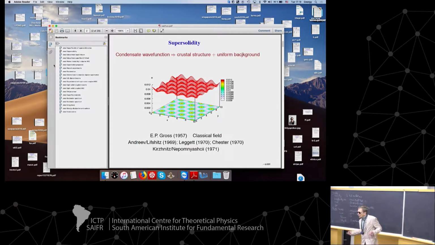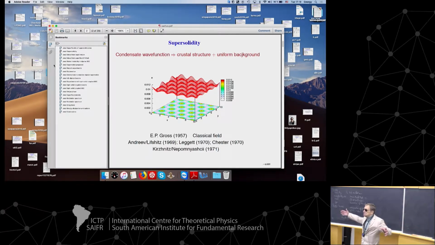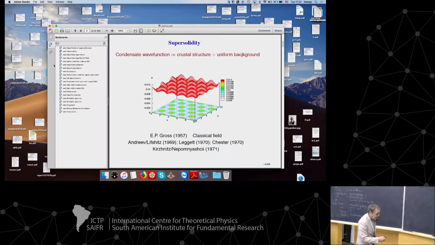So now we have the following understanding. Imagine, please, that in free space, no external potentials, just free space, the condensate wave function acquires a lattice structure on top of a uniform background. So it looks like that. There is a uniform background, and uniform BEC is typical in free space.